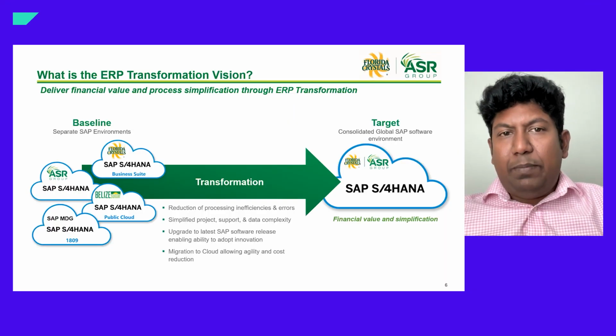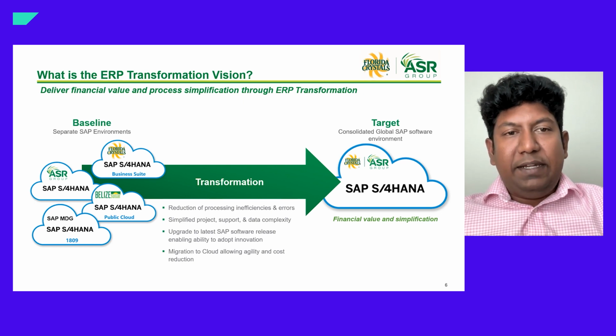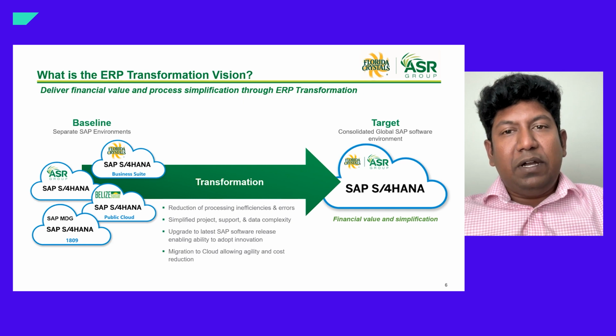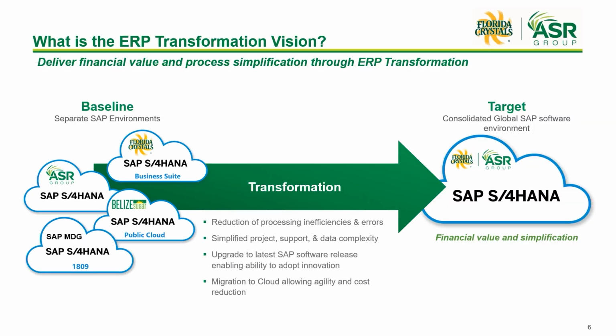What is the ERP transformation? So basically the journey of our cloud ERP transformation, we have consolidated multiple systems into a single SAP instance. For example, on this slide on the left-hand side we have multiple S4 HANA or Suite on HANA systems.